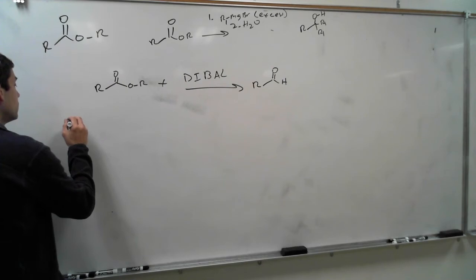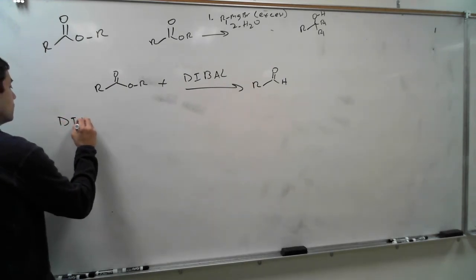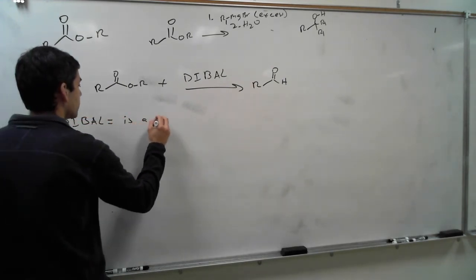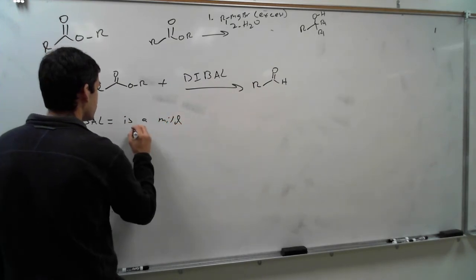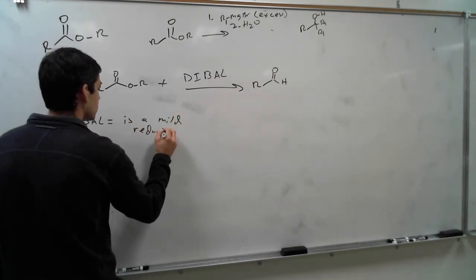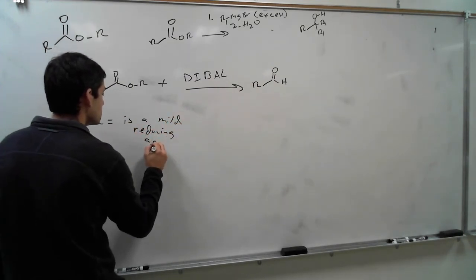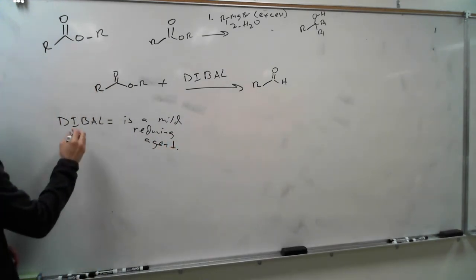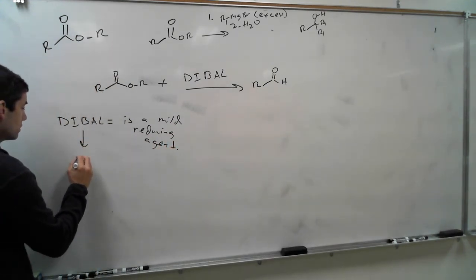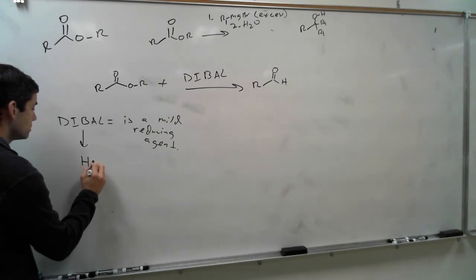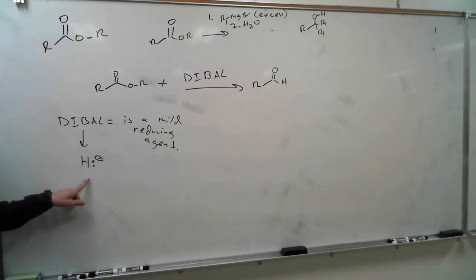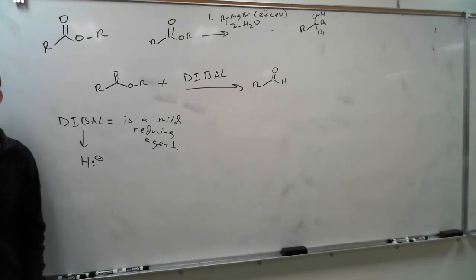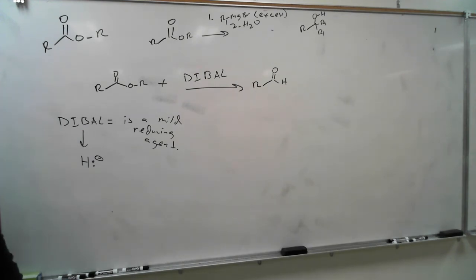So DIBAL is a mild reducing agent. Think of DIBAL again as giving off that hydride, but it's a very mild reducing agent. So we're only going to give off one. It's not going to be as reactive as the other ones.